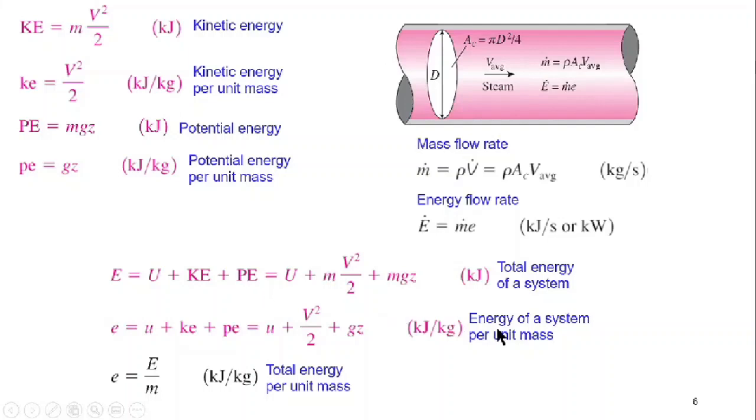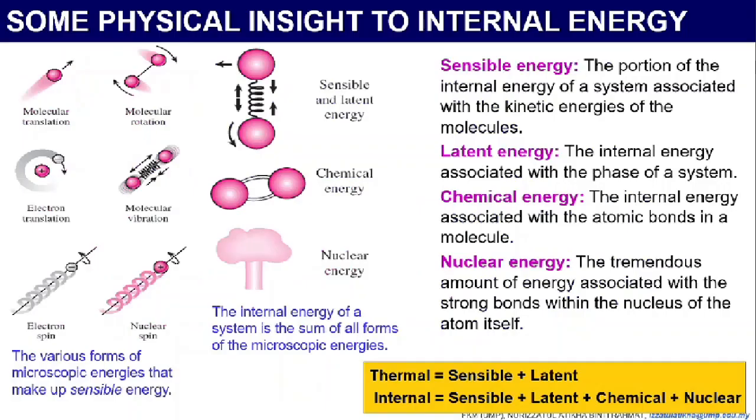And then we have energy of a system per unit mass, which is basically the same thing, and then total energy per unit mass. You can learn this more by reading the textbook of thermodynamics.